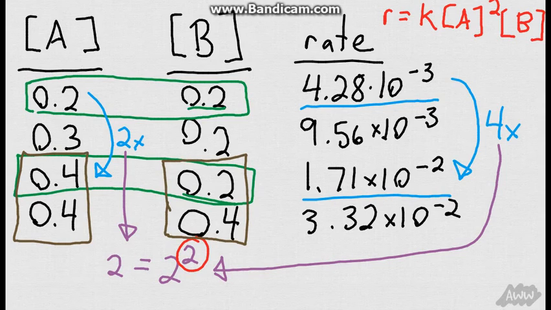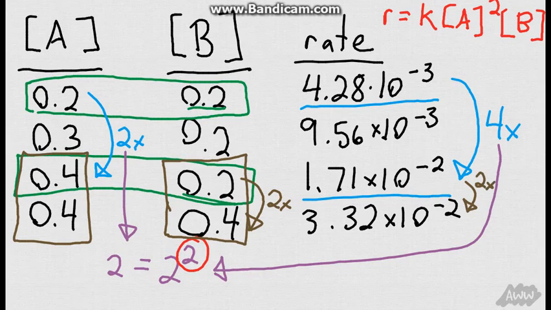So notice again, we hold A constant, we doubled B, and what happened to our ratio of the rates? You just take 3.32 and divide it by 1.71, and that is also doubled.